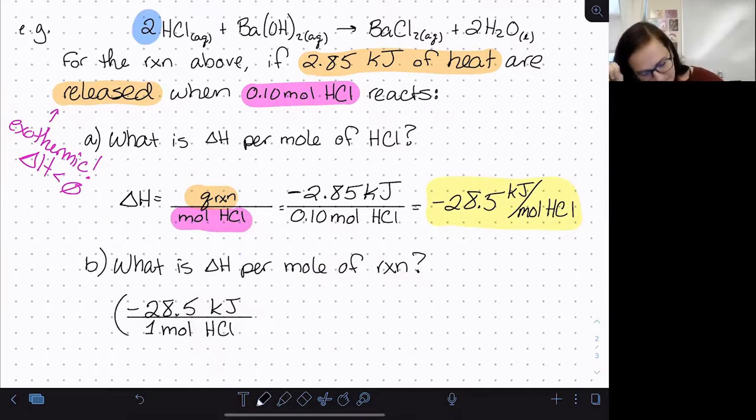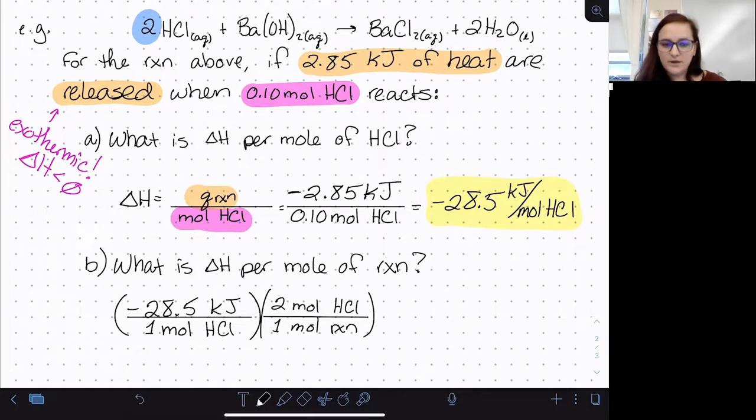So we can just do a unit conversion that in 1 mole of reaction, there are 2 moles of HCl, because that's my coefficient. That 1 mole of reaction is just whatever all your coefficients are. My coefficient from my reaction is 2, so I'm multiplying by 2.